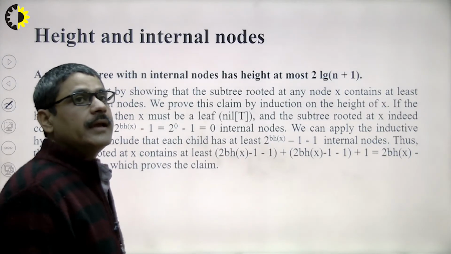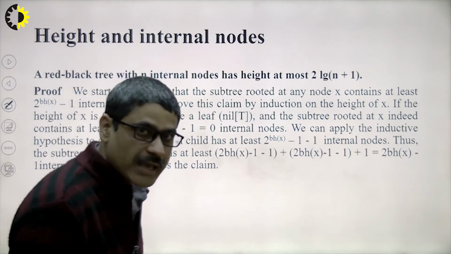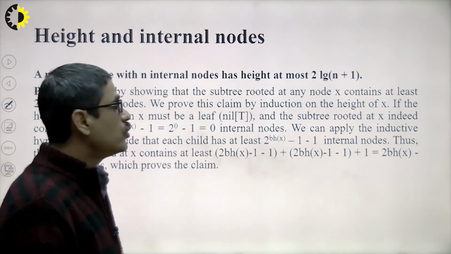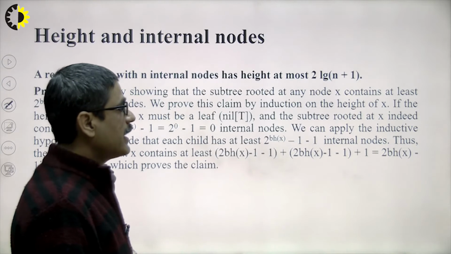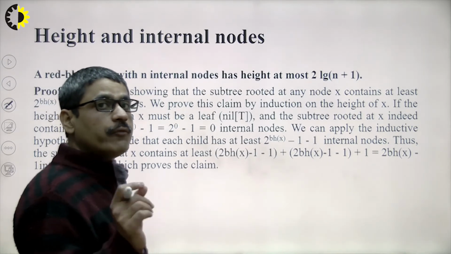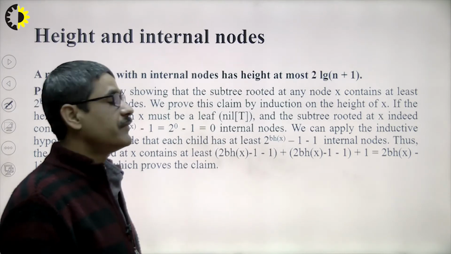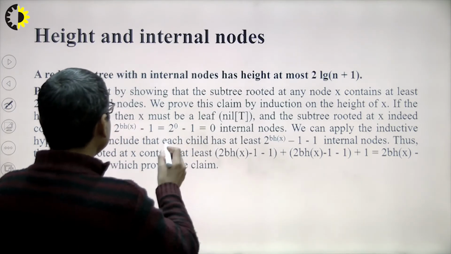Then again we have to prove this theorem: a red black tree with n internal nodes has a height at most 2 log(n+1). For proving that particular theorem, the first claim is given. That claim is what?